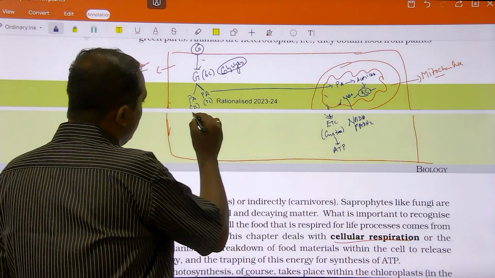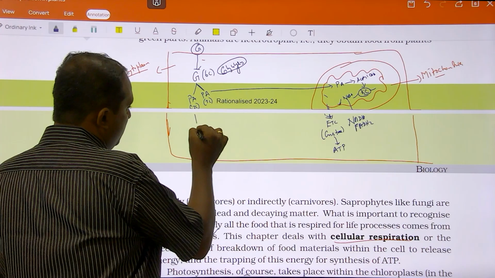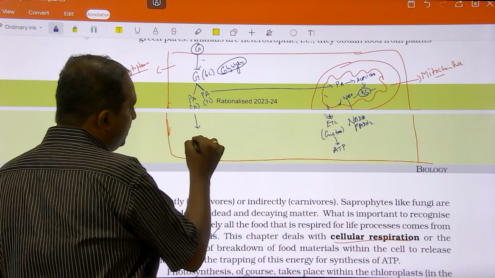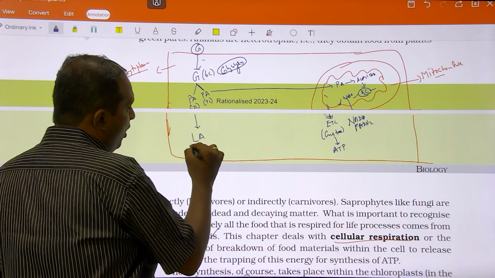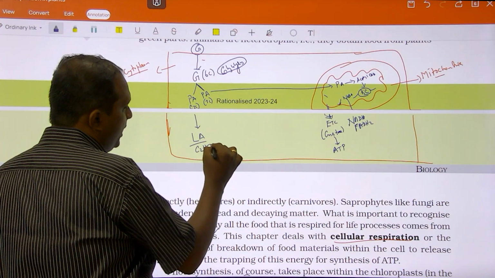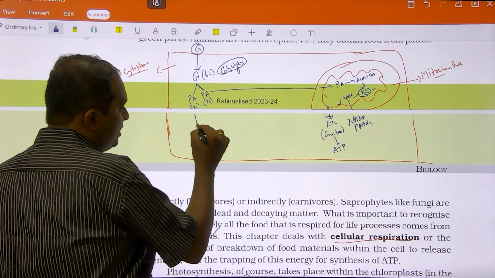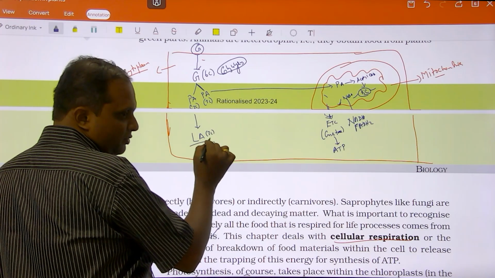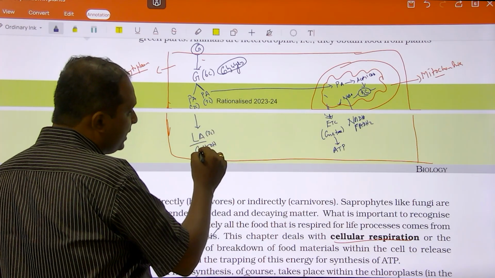In absence of oxygen, right, this pyruvic acid in the cytoplasm only can become either lactic acid or ethanol. Pyruvic acid is 3 carbon. So it can be either lactic acid, 3 carbon, so the 3 carbons balance, or it can be ethanol.